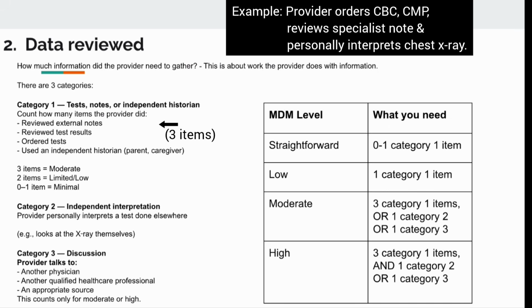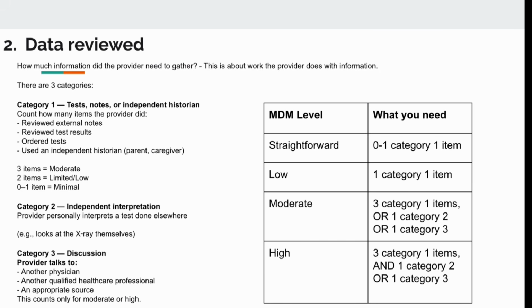So personally interprets test done is in category 2. So from category 2 there is one item. So if there are 3 category 1 items and 1 category 2 item, then we will use high MDM. By looking at the table, you can easily determine. Make sure you make a note of this table and all this information.